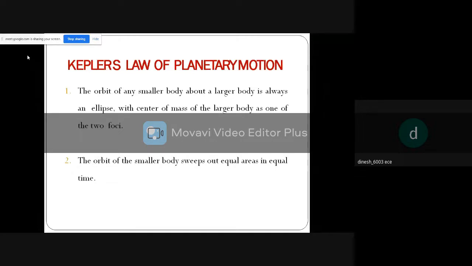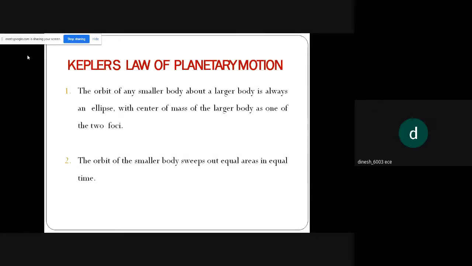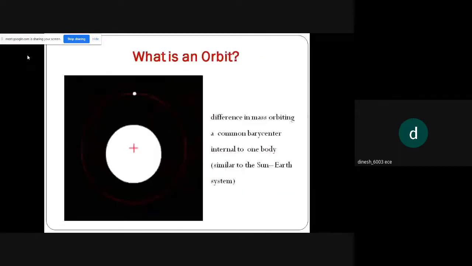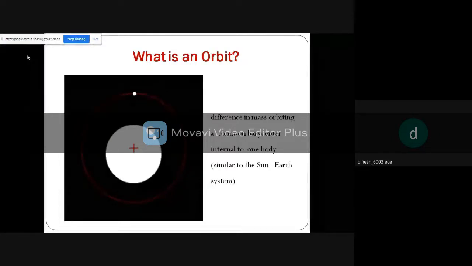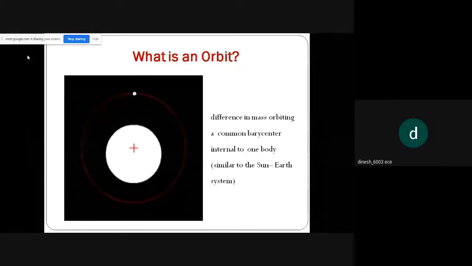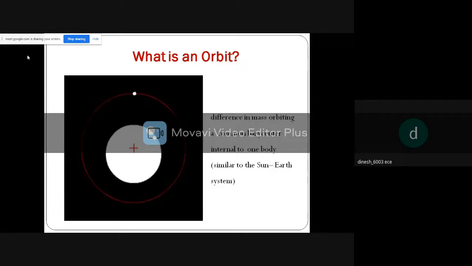A larger body is present in the center, and another body, which is smaller compared to the center body, will revolve around in an elliptical fashion, or it takes the shape of an ellipse.